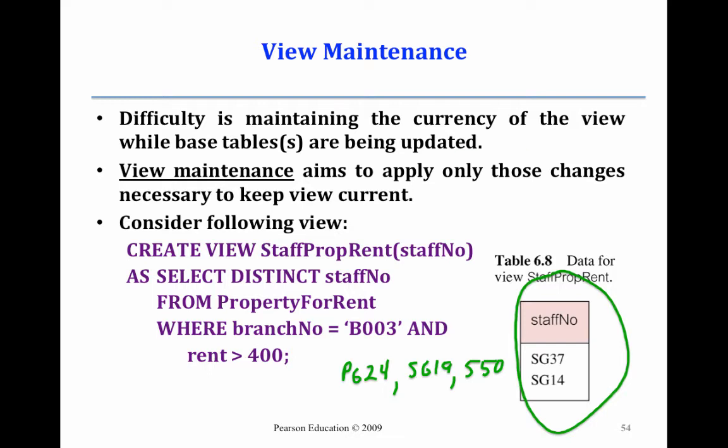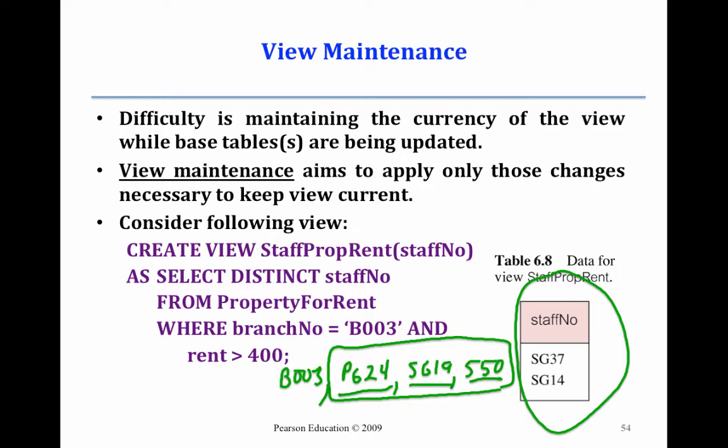Jaja, should it or not? I'm inserting a record for that property. Okay, why not? Okay, good question. We're going to make the branch number be B003. So this is the property, this is the staff number, this is the rent. It will be. So we have to add it to the view in this case.